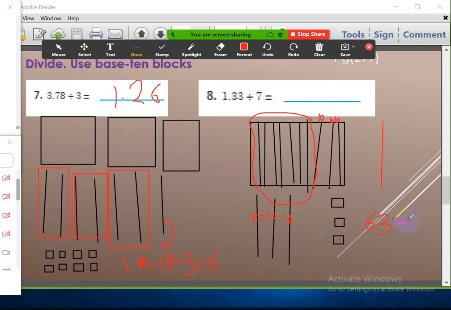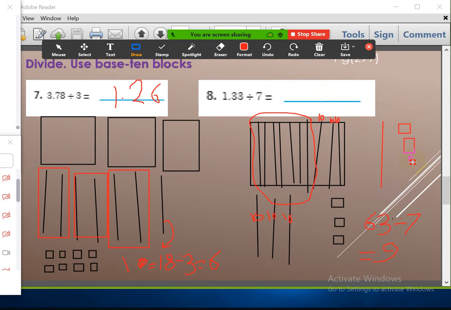Divide it on 7. 63 divided by 7 is 9. That means I have 9 small cubes.